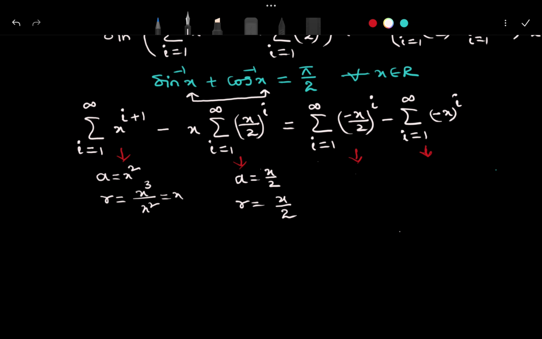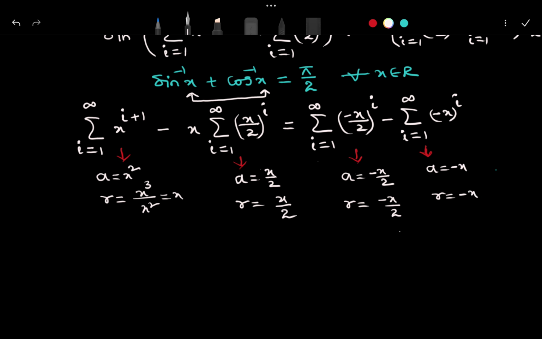In the right side value, the first term a will be minus x by 2, and the common ratio is also the same, r will be minus x by 2. And here the first term a is equal to minus x, and the common ratio r is also minus x, right?